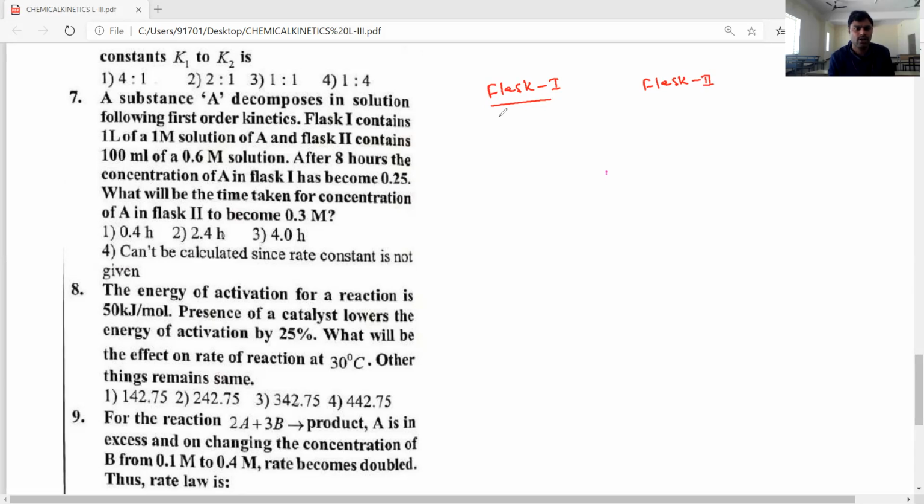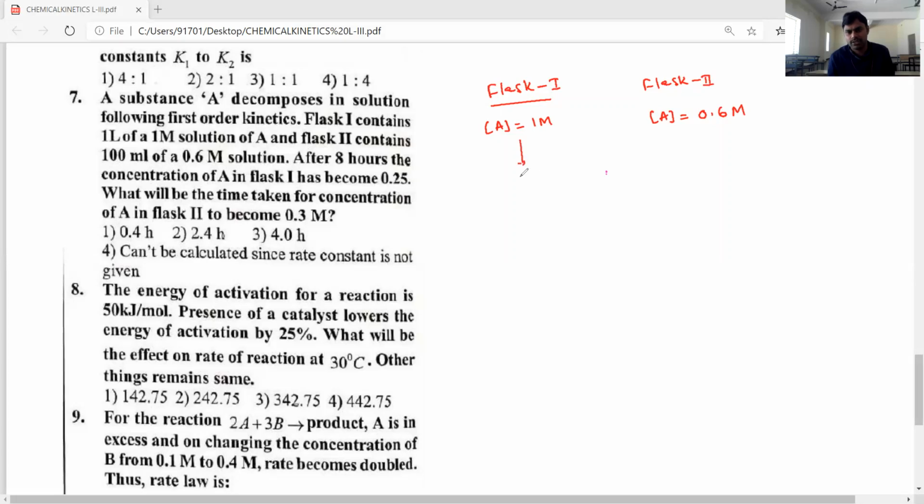In flask 1 the concentration of A is equal to 1 molar and in flask 2 the concentration of A is equal to 0.6 molar.